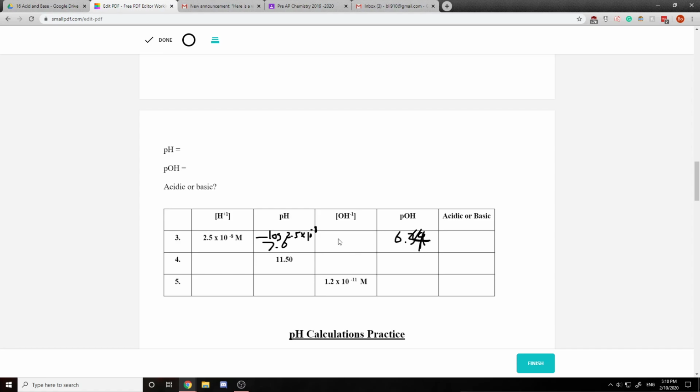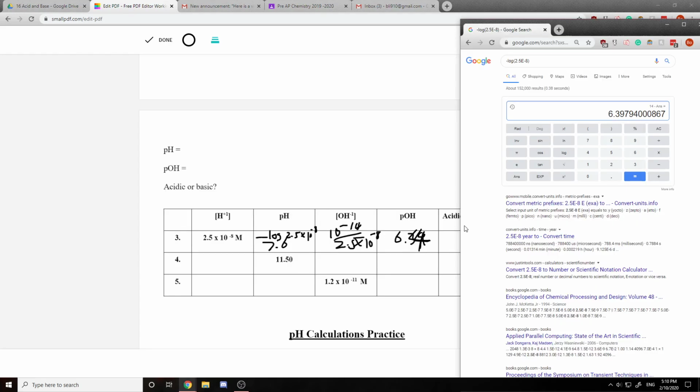Okay. The OH concentration, again, a couple ways of doing it. You have this H plus. You could do 10 to the negative 14 divided by your H plus concentration, which is 2.5 times 10 to the negative 8. Or you can do the 10 raised to the negative pOH to get your OH concentration.